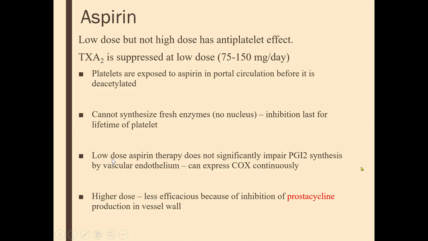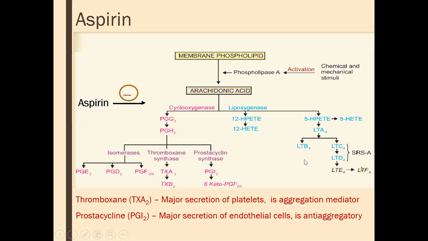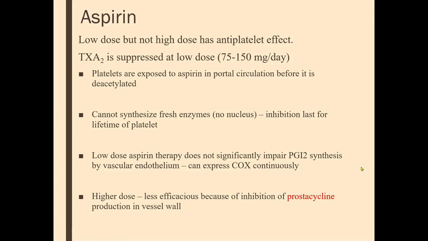Another thing is that low dose aspirin therapy does not significantly impair prostacyclin, this PGI2 that we just discussed, which is present in the endothelial cell. Low dose aspirin therapy does not significantly impair prostacyclin synthesis by vascular endothelium, because there is a difference between vascular cells and platelets. Platelets are anucleate cells, so once they are inhibited, the inhibition lasts for their whole lifetime.